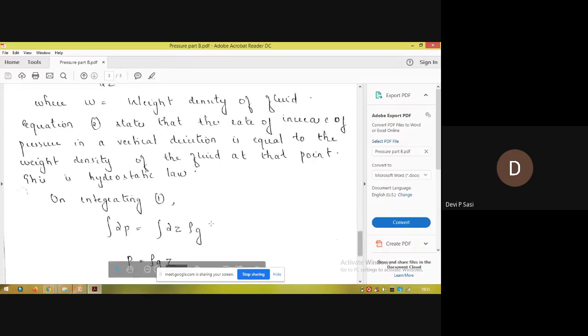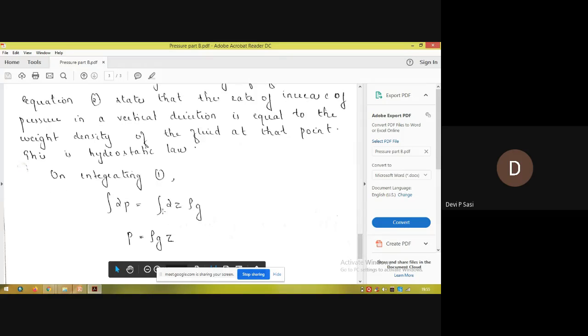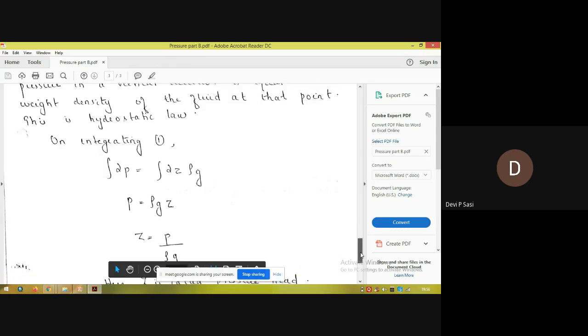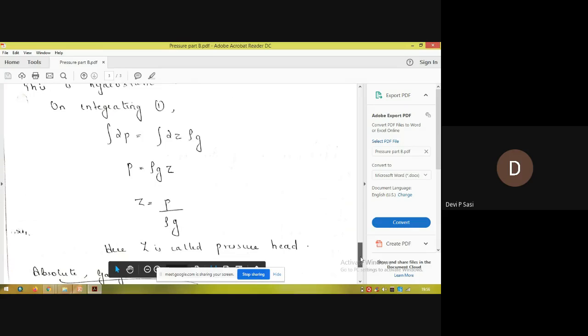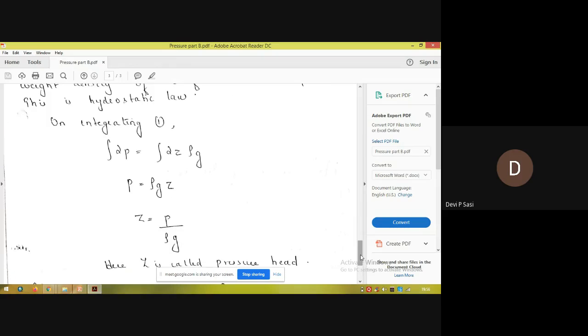From that, what is P? P is equal to rho into G into Z, because rho and G are constants here. So, P is equal to rho G Z. That's our final equation. Pressure is equal to rho G Z.